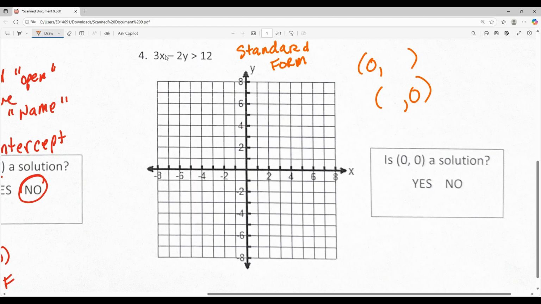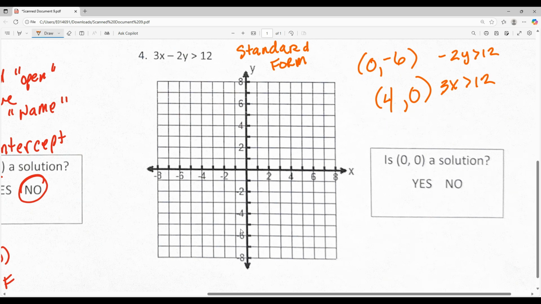If x is equal to 0, you get negative 2y greater than 12. 12 divided by negative 2 would give you negative 6. If y is equal to 0, you cover up the 2y. That gives you 3x greater than 12, which would give you x is equal to 4.